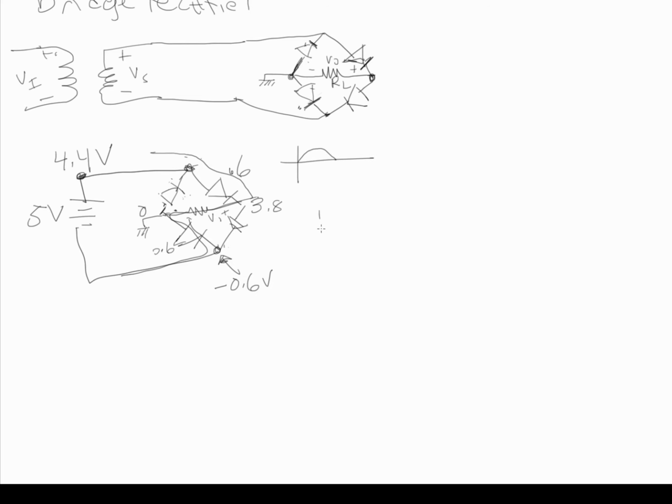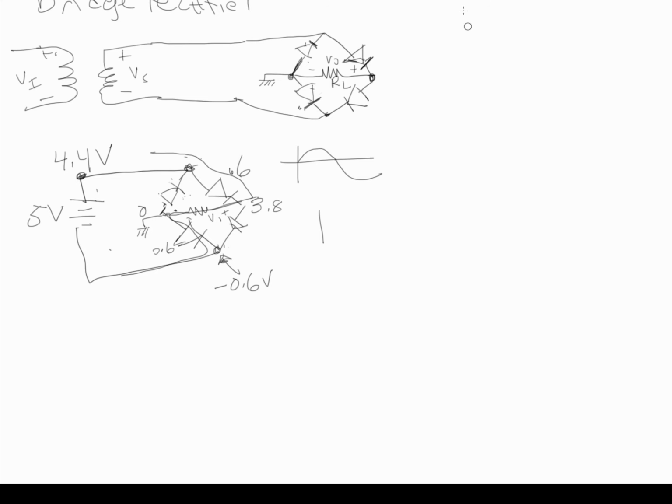Now on the negative cycle of the input, this is basically a switch, and all the numbers are just going to be upside down. So this point will become minus 0.06, this point will become the 4.4, and it'll follow the other path that I've drawn out here.